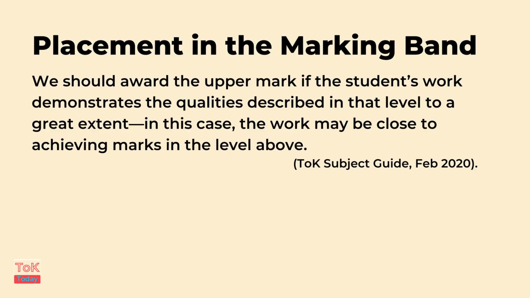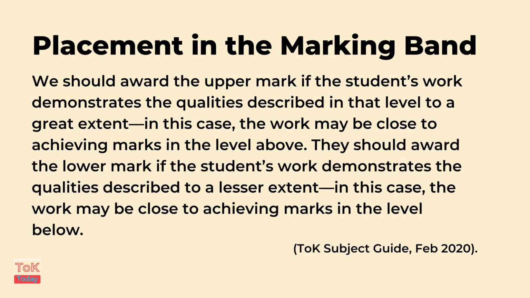Now, they say that we should award the upper mark if the student's work demonstrates the qualities described in that level to a great extent. In this case, the work may be close to achieving marks in the level above, and they should award the lower mark if the student's work demonstrates the qualities described in that band to a lesser extent.